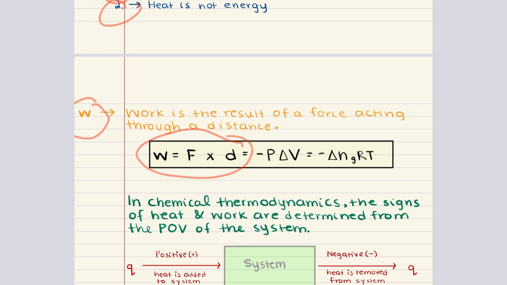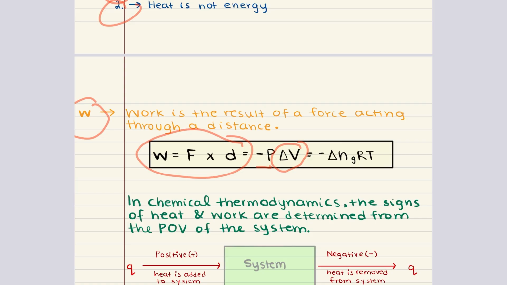In thermodynamics, especially in the context of gases, we often encounter pressure volume work, where the gases expand or compress against a pressure. And that leads us to a more common equation for work. Work is equal to negative pressure multiplied by the change in volume.